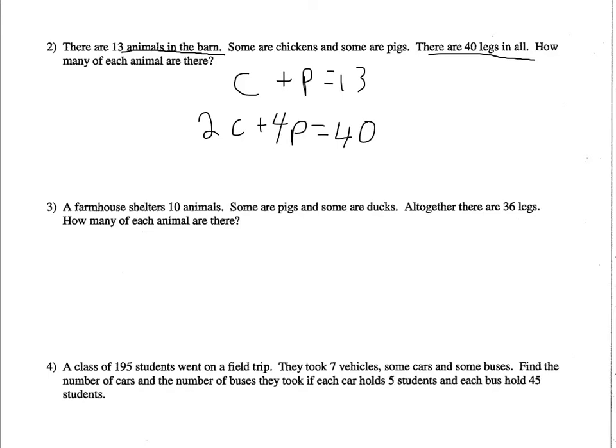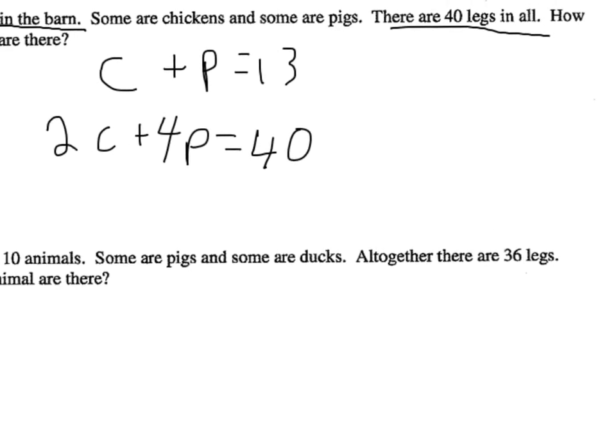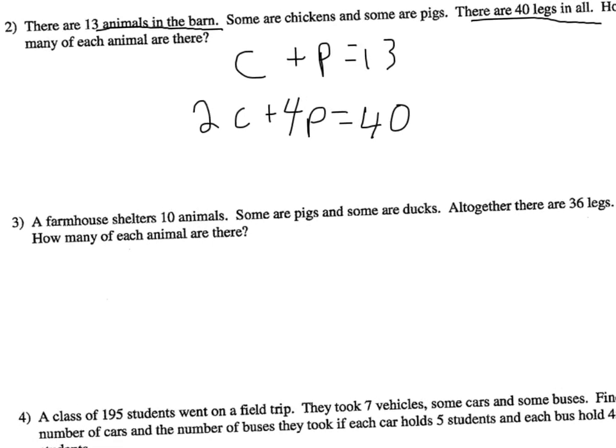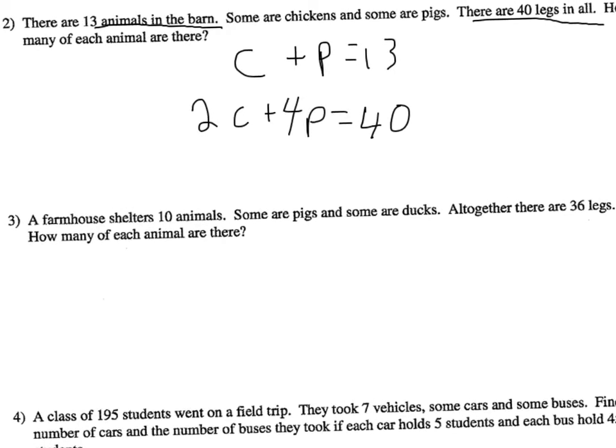Okay, so with these 2 equations, we can go ahead and solve. We're going to do this through elimination. So we want this C to be the same number as this, but have the opposite sign. So to multiply 1 to get -2, you have to multiply everything by -2.